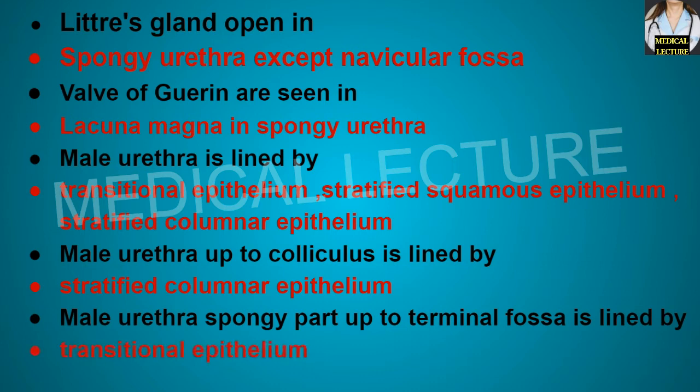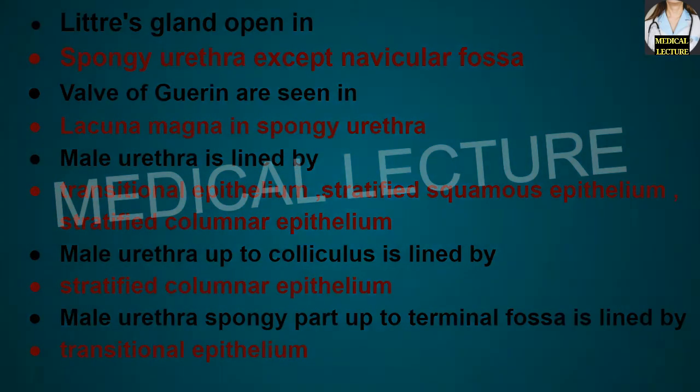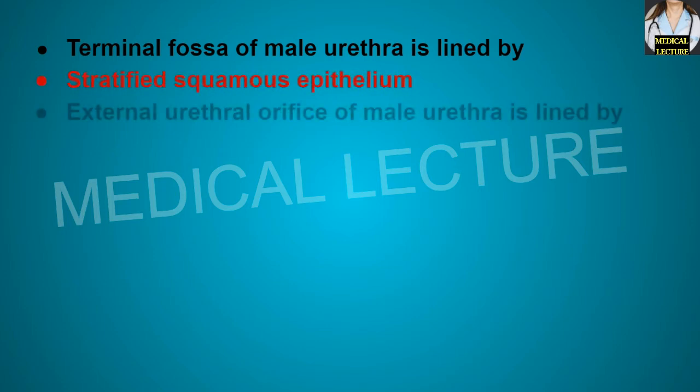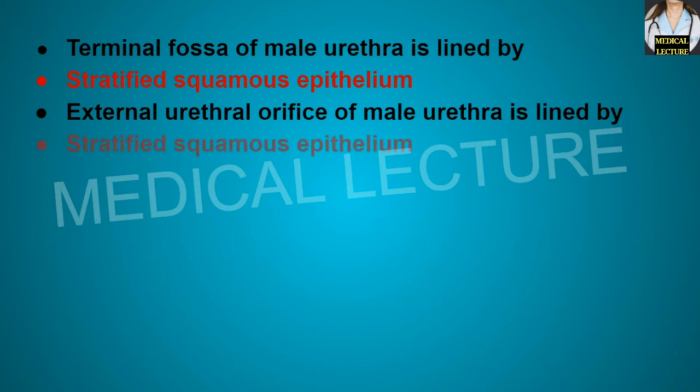So by the stratified columnar epithelium. Terminal fossa of the male urethra is lined by which epithelium? By the stratified squamous epithelium. External urethral orifice of the male urethra is lined by which epithelium? By the stratified squamous epithelium.